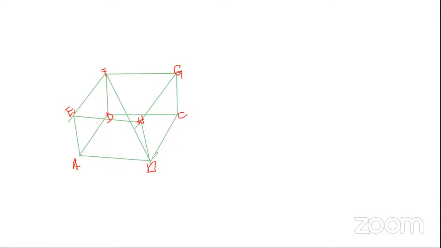So what we do is connect a line to form a right angled triangle. Which other line can we draw on this three-dimensional figure to make a right angled triangle with BF?